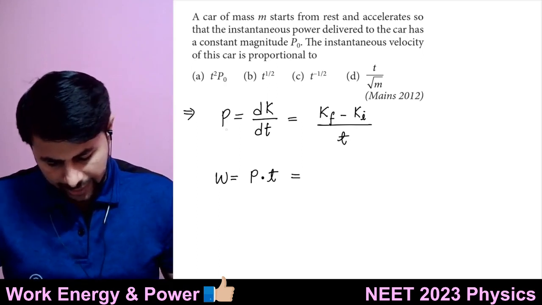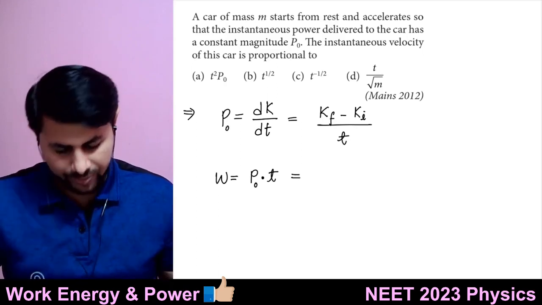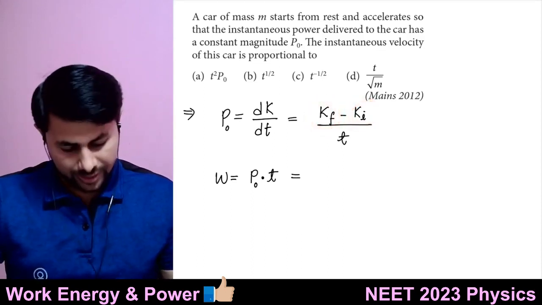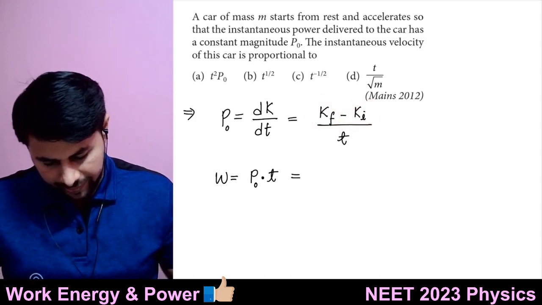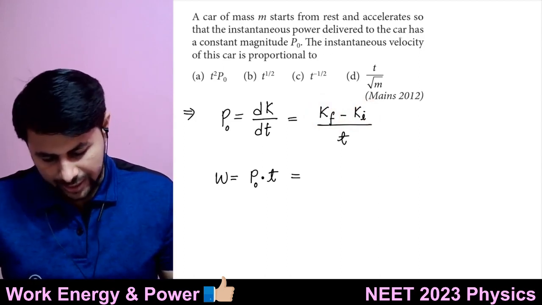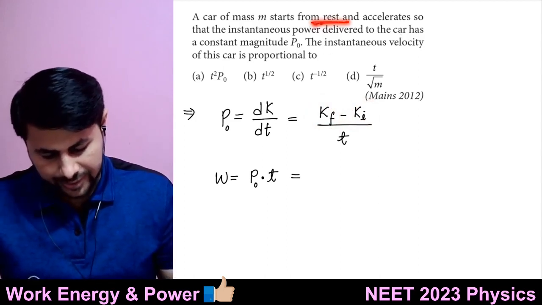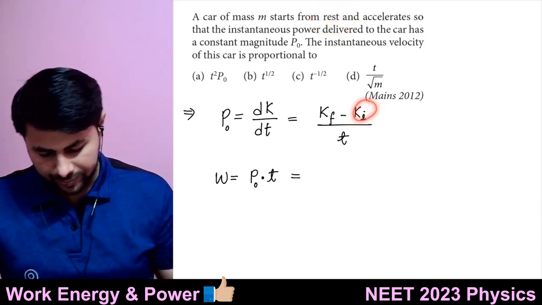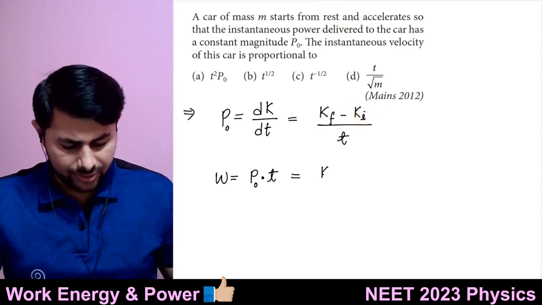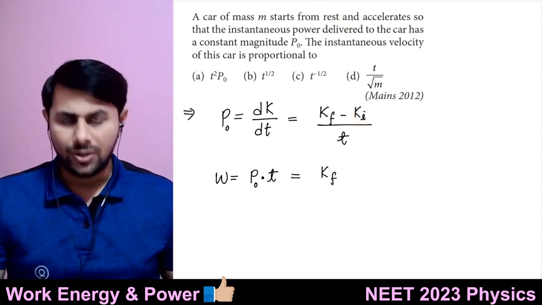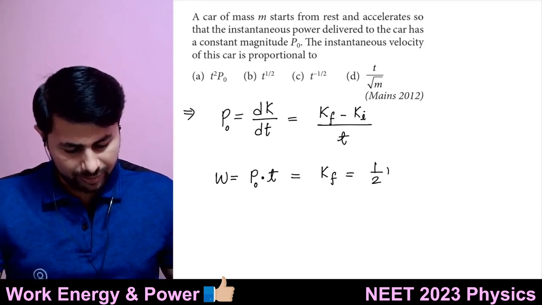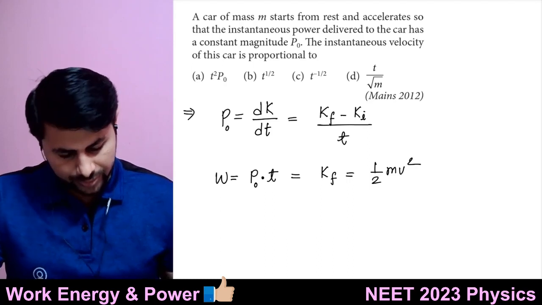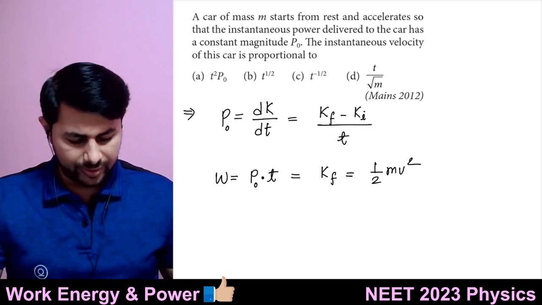Okay, and power is given to be P naught. So it is final kinetic energy minus initial kinetic energy, and the car starts from rest. It's given. Okay, so initial kinetic energy is 0, so this is equal to final kinetic energy only. So this is half of m into v square. So now you want velocity is proportional to what?